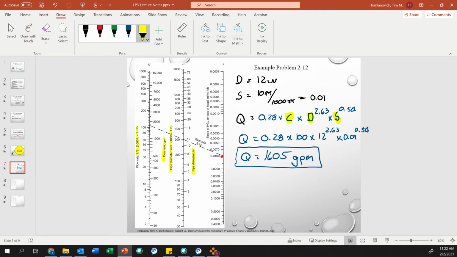So just be careful you're looking at the right units. D is 12 inches. So literally what you do is you connect those two dots like they're showing here, and you hit it. So this is 1,000. That's 2,000, 1,200, 1,400, 1,600, 1,800. So see, it's just a little over 1,600 gallons per minute. So using the chart. Okay, so that is example 212.